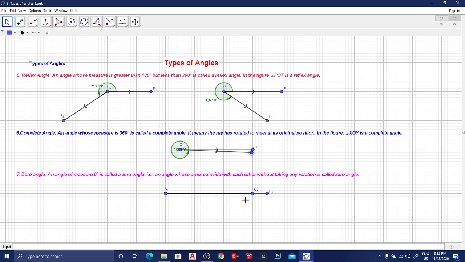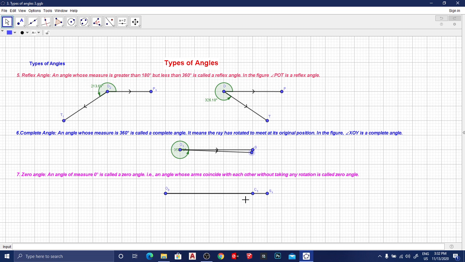So these are the 7 types of angles. First one is acute angle, which is greater than 0 and less than 90. Next one is obtuse angle, which is greater than 90 and less than 180 degrees. Next, right angle, which is exactly equal to 90 degrees, and straight angle, which is exactly equal to 180 degrees.